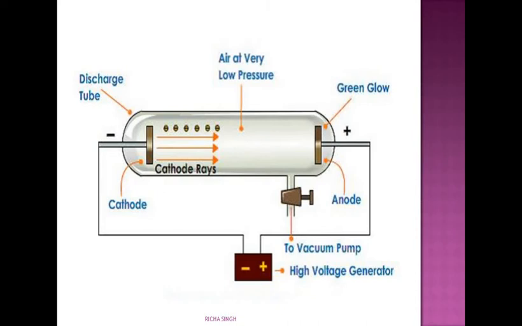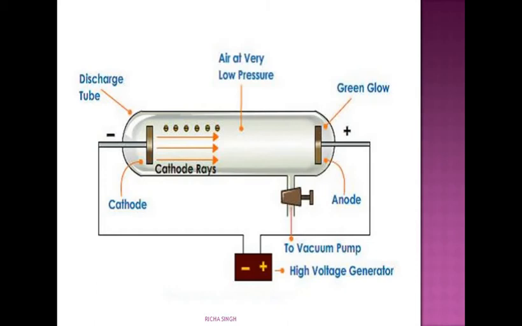This shows that some invisible rays were emitted from the cathode, which passed through the holes of the anode and struck the glass wall that was coated with a fluorescent material. These rays were named cathode rays. Then J.J. Thomson found that cathode rays consisted of negatively charged particles, and the name electrons was given to them.